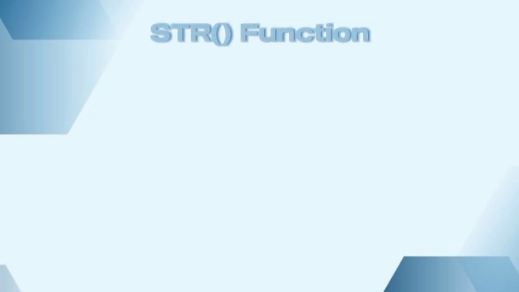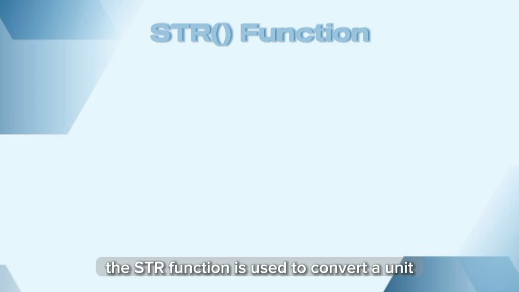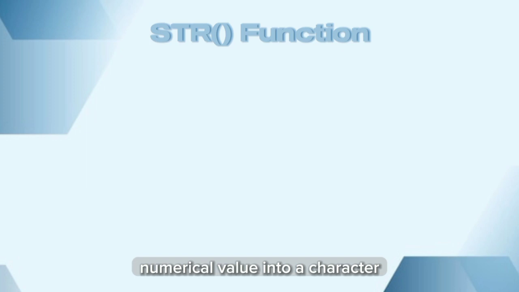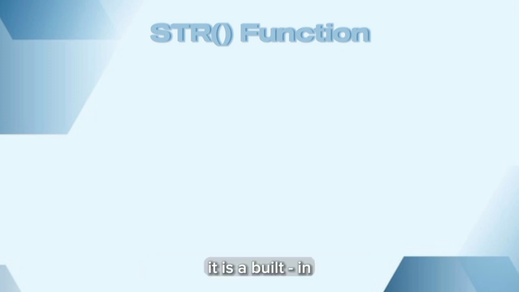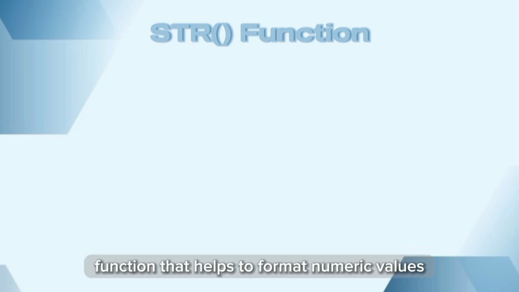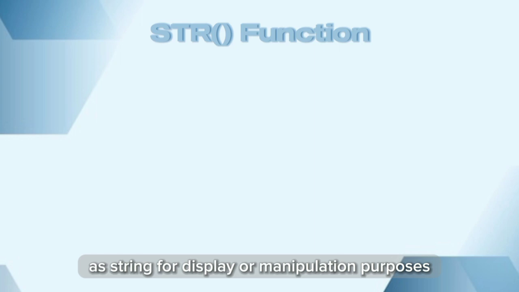Next up, STR or STRU. The STR function is used to convert a numerical value into a character string within a specific format. It is a built-in function that helps to format numeric values as strings for display or manipulation purposes.